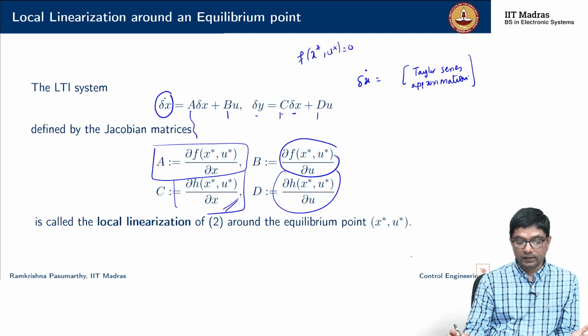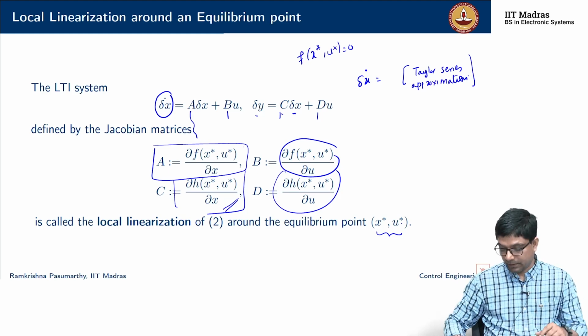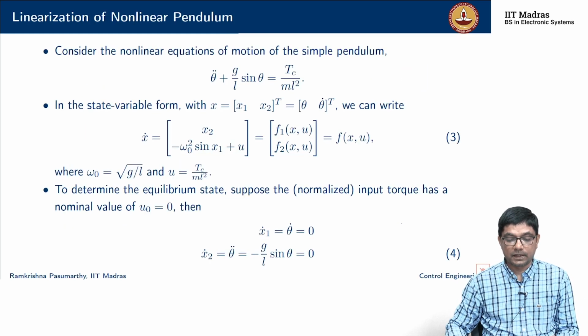This is called the local linearization of the system around the point x*, u*. The steps I am skipping, but we will learn it by some examples.